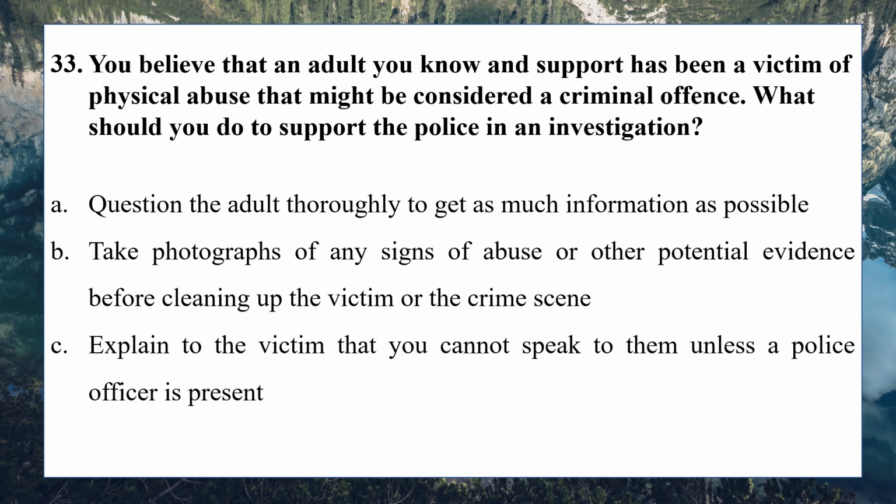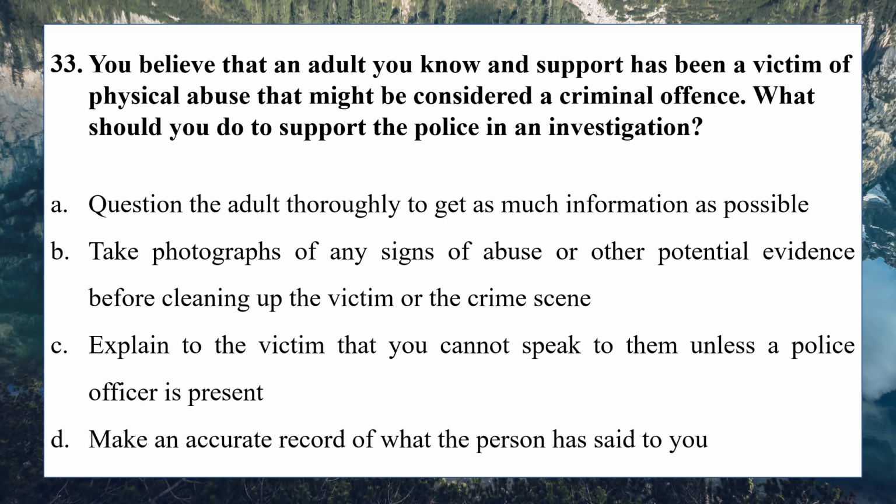Option C. Explain to the victim that you cannot speak to them unless a police officer is present. Option D. Make an accurate record of what the person has said to you. Correct answer is D. Make an accurate record of what the person has said to you.